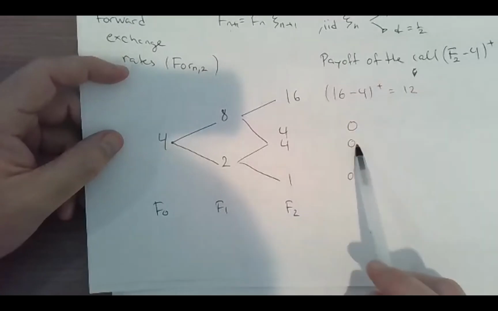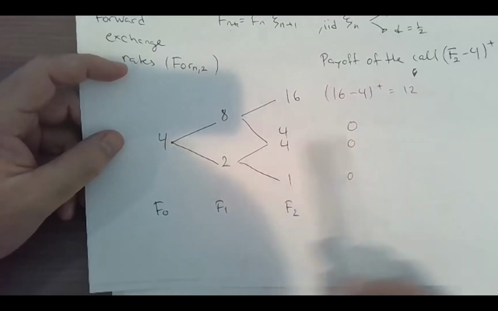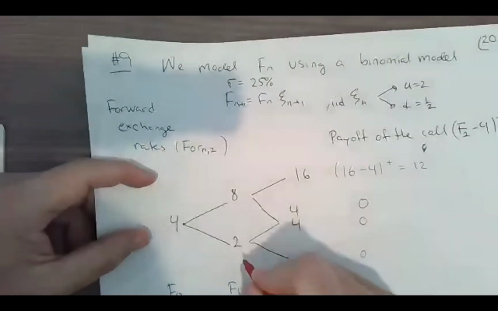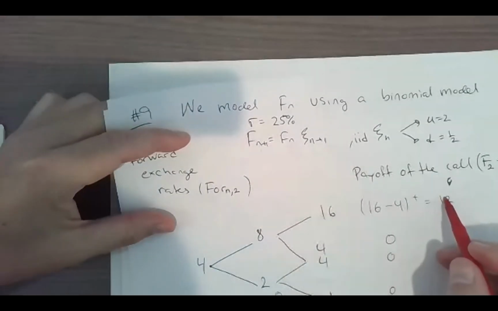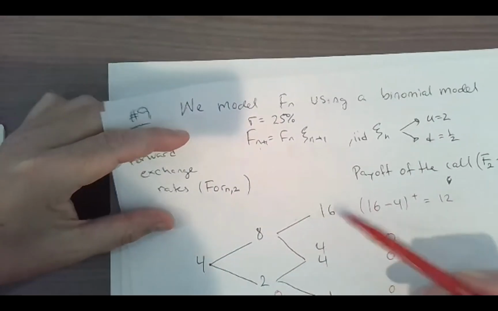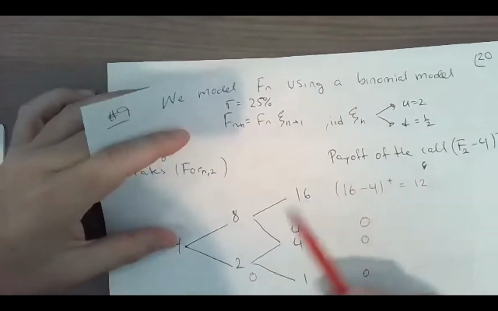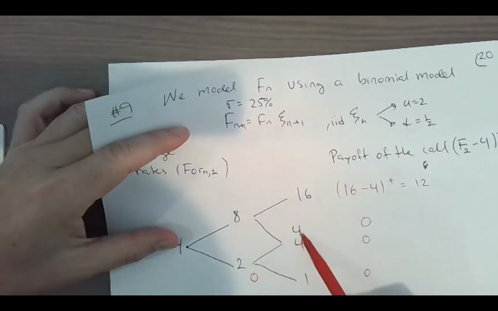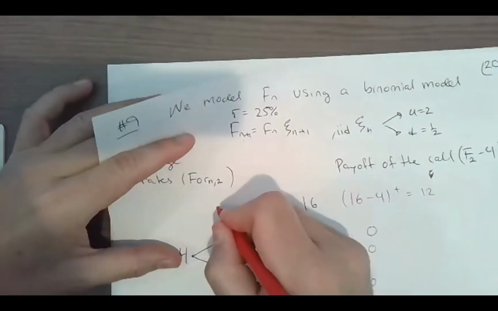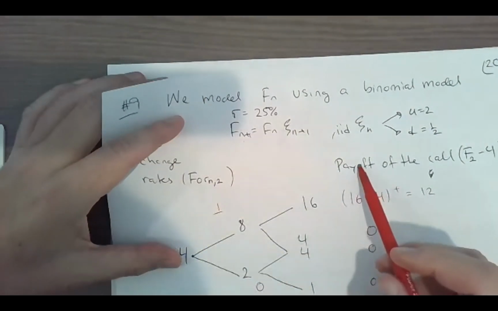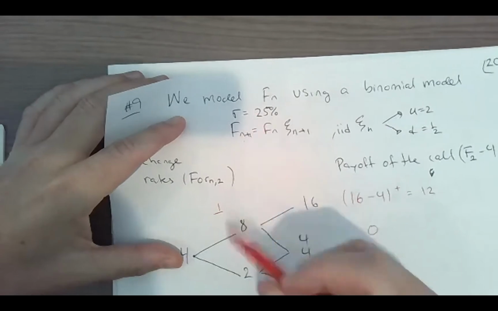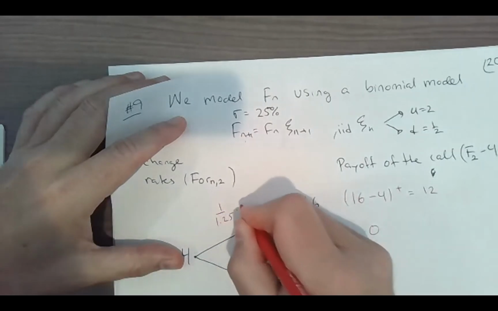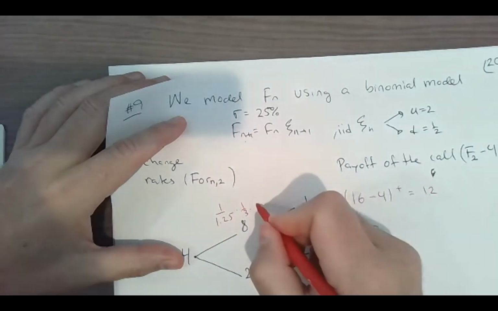So we're going to roll these zeros, will of course be 0 here. This 12 will be what? There's a third risk neutral probability of going up, and 2/3 of going down. So we will have 1 over the domestic rate, which was 1.25, times a third times 12.